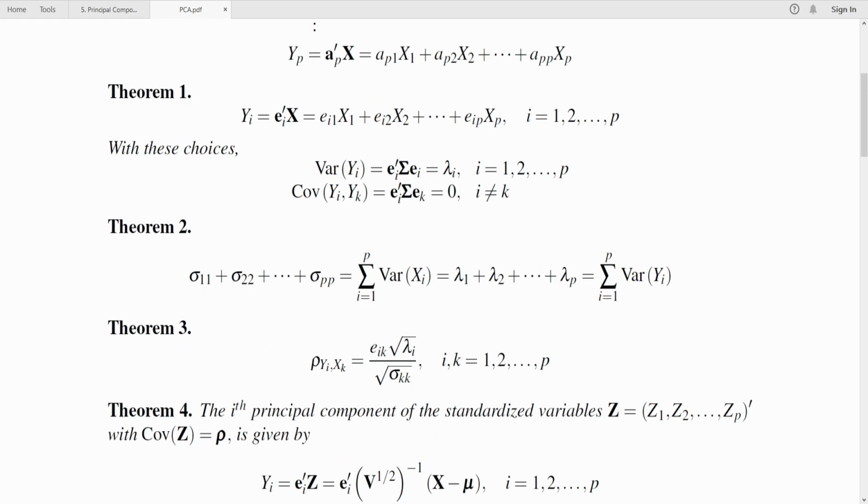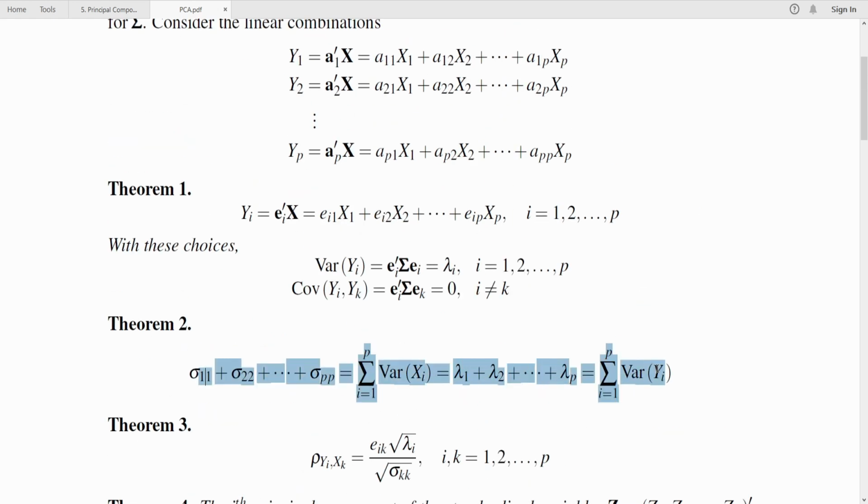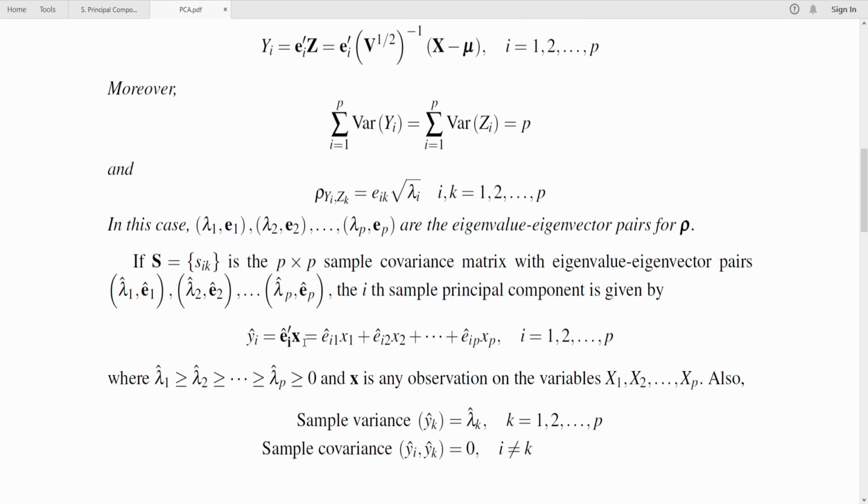Here we mentioned one of the ways to choose how many principal components you want, but another way is called a scree plot. That is a plot where on the x-axis you have the numbers 1, 2, 3 to p, and on the y-axis you have the values of the sample eigenvalues.